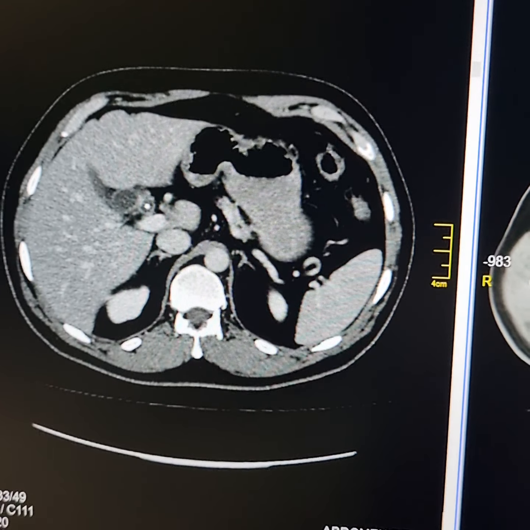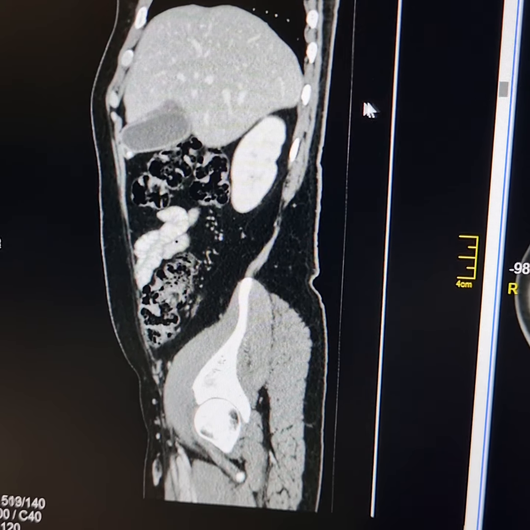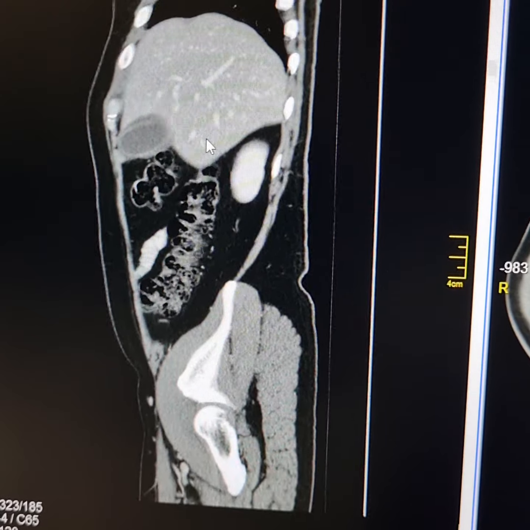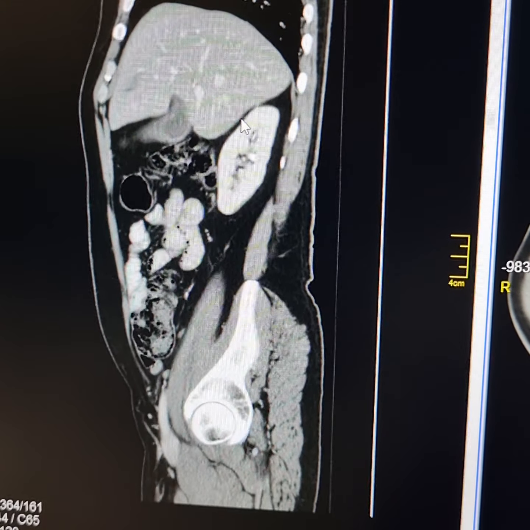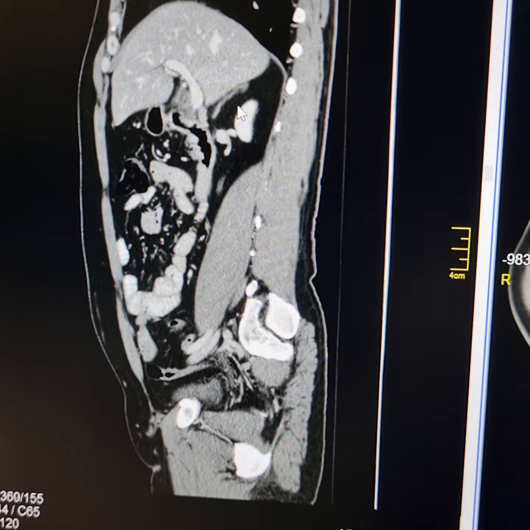So it is advisable that the ultrasound is repeated once the phase of acute cholecystitis is over and the gallbladder has reverted back to normal.